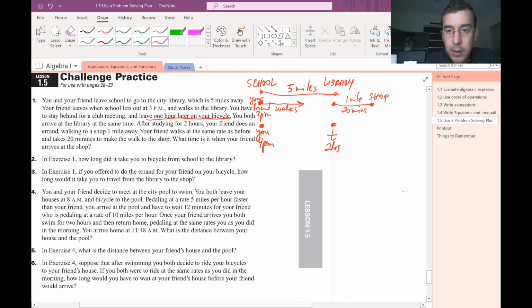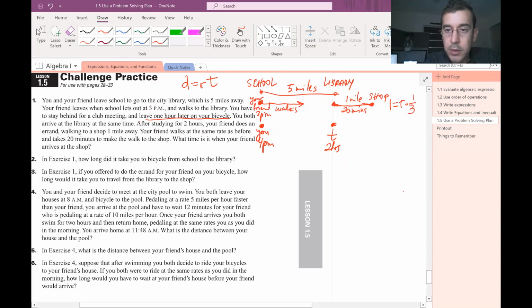So if you take a look at this one right here, we know the formula, right? It's D equals RT. D is the distance, R is the rate, T is the time. Here we have the distance 1 mile, and we have the time 20 minutes, so we can find the rate of the friend walking. So D is 1 mile, so 1 equals R, the unknown, times T, which is 20 minutes, or that's 1 over 3 hours, right?